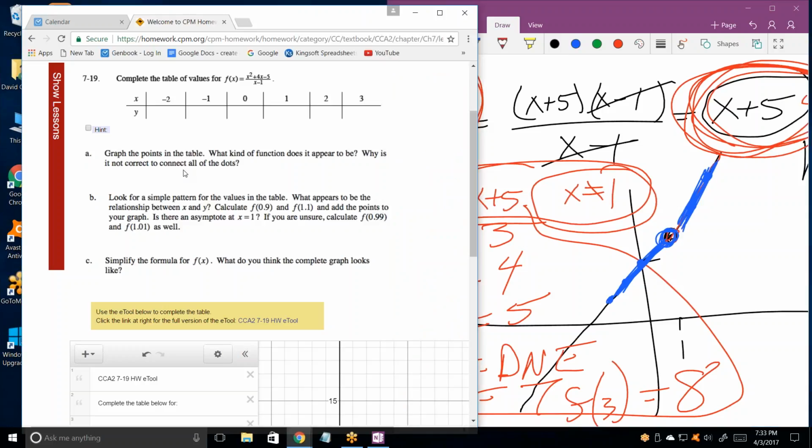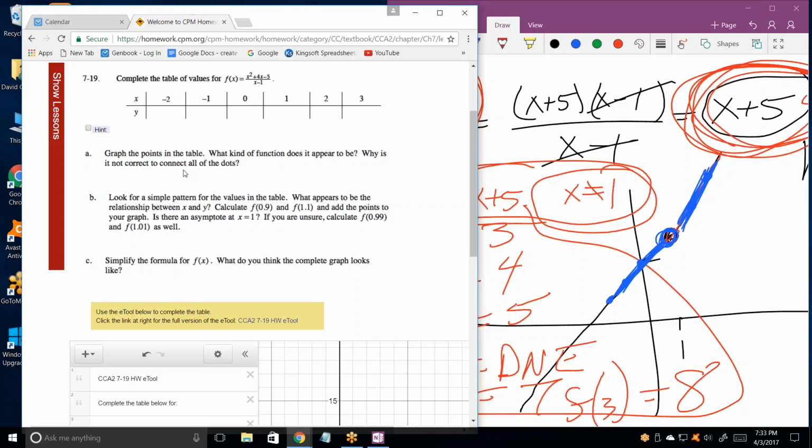Look for a simple pattern for the values in the table. What appears to be the relationship between x and y? Plus 5. It's linear. That's the answer they want. In other words, when I give you an x value, you give me a y value, and the resultant graph is a straight line, almost, with a hole in it.